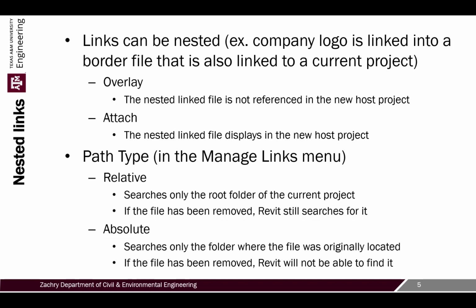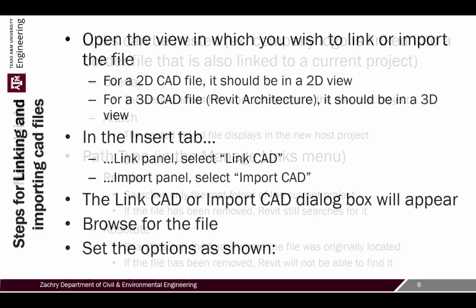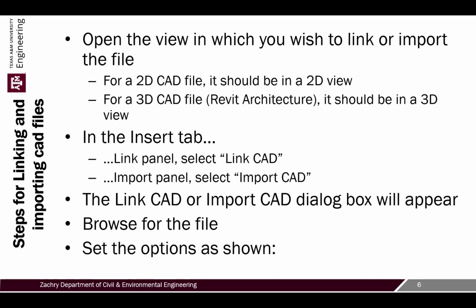With an absolute path, if it's not at the specific address, it's not going to find that Revit file. So sometimes you want that style, look for it here, because if you happen to find it somewhere else, that's not the version that we want, and we'll cover that a little bit later.